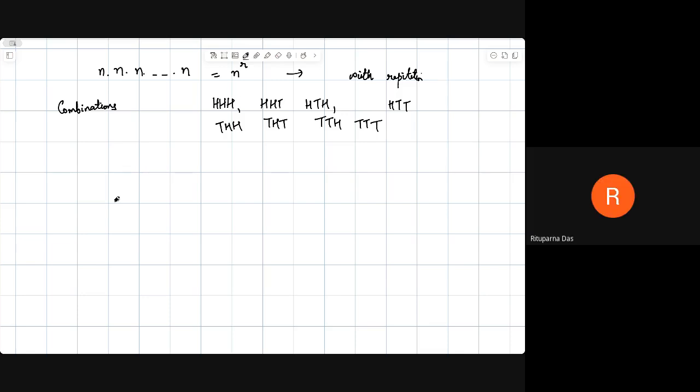So when we are taking, say, two heads and one tail, in the case of combination, two heads and one tail is one option. But when we are taking permutation, then we have to choose the order. This is one order, this is one order for two heads and one tail. But in the case of combination, this is one observation, just one way.